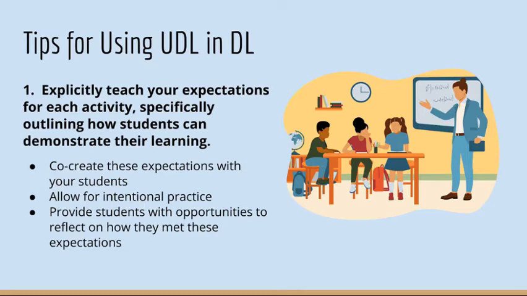Co-create these expectations with your students, whether it is for synchronous learning etiquette, expectations for engagement, breakout group conversations, or other collaborative work. Allow for intentional practice. Let students know that during specified times of the day, you will be asking them to practice these co-created guidelines. And then provide students with opportunities to reflect on how they met these expectations.